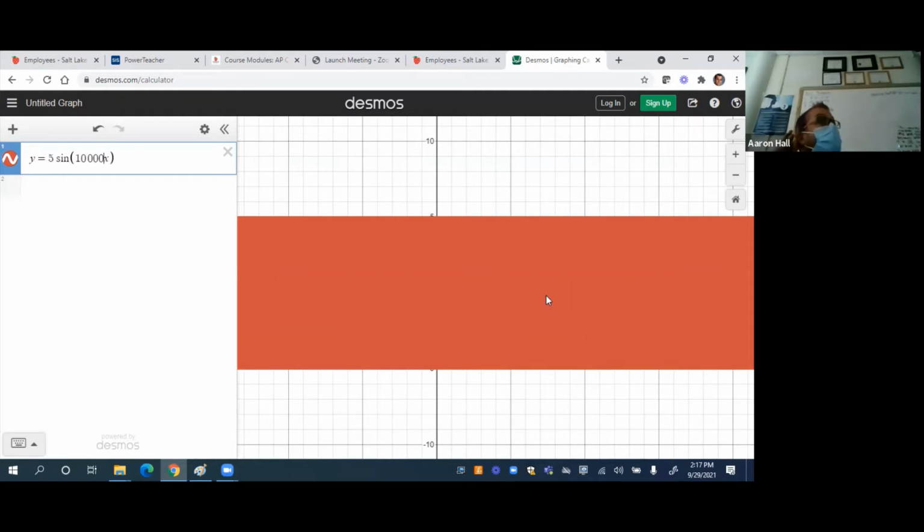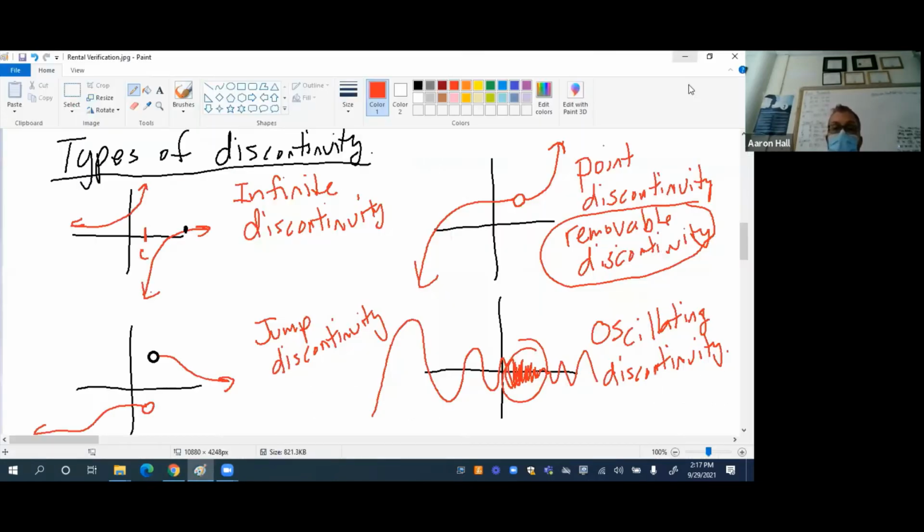Yeah, you can't tell. And that's the point. Because you can't tell, we call this an oscillating discontinuity. I don't even know where the line is anymore. I don't even know what it looks like, because it's just crazy up and down. So we would say in this case, it would be an oscillating discontinuity.